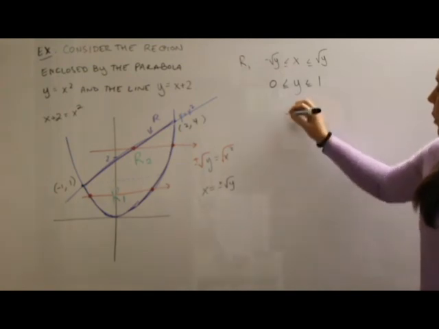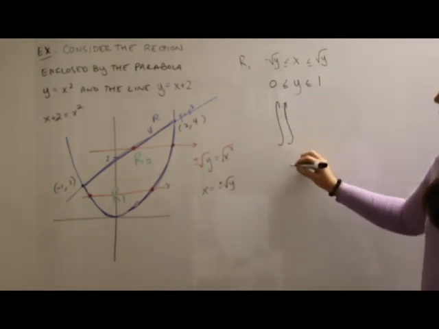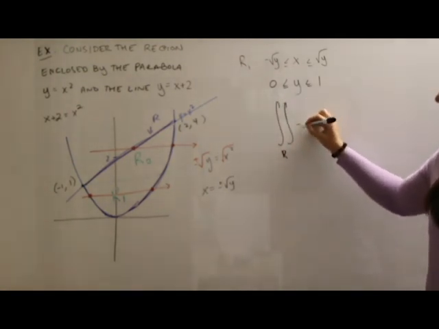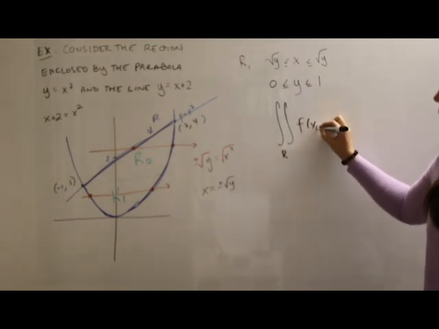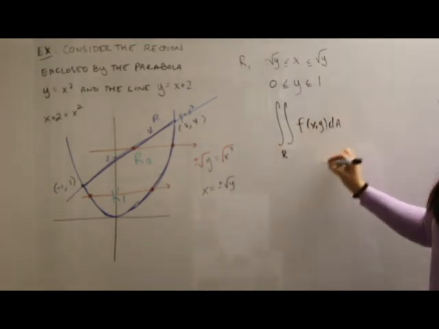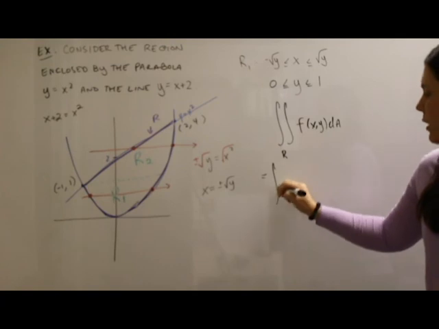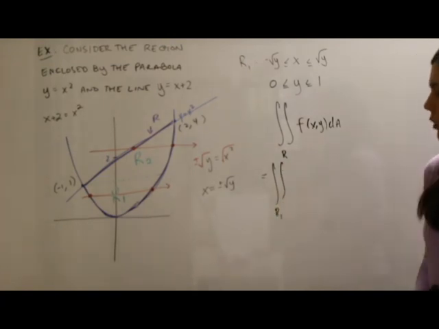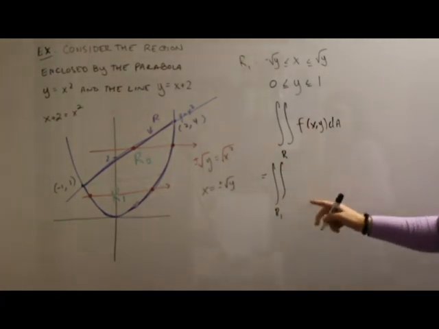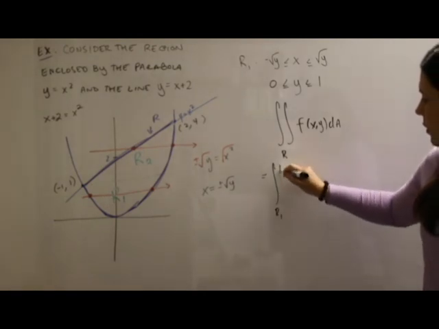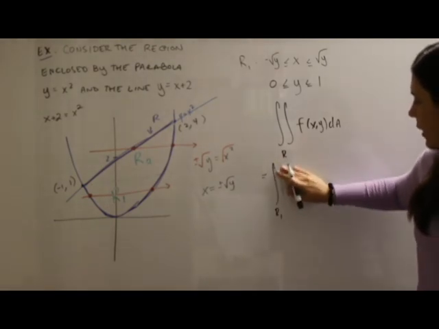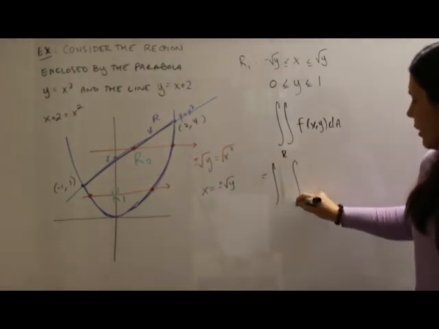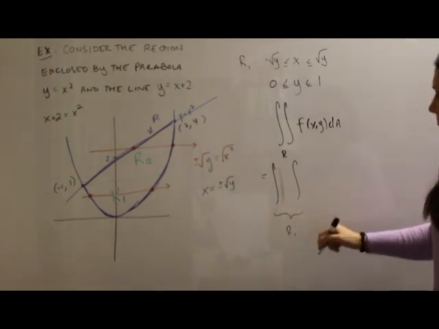Okay? So our double integral here, over our entire region R of some function f of x, y dA, we're going to break it apart into two double integrals, the first one being over R1. This is going to give you R1 here.